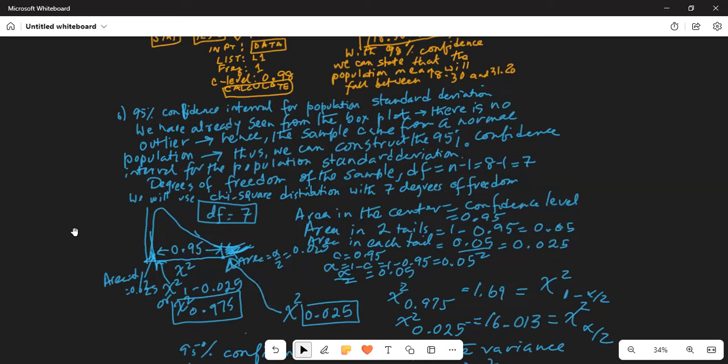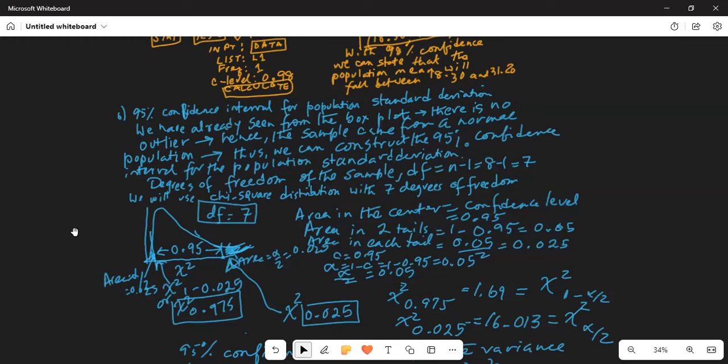Hence, the left critical value will be indicated by chi-square 0.975. And the right critical value, the area in the right tail being 0.025, will be indicated by chi-square 0.025. Then we have to go to a chi-square table.